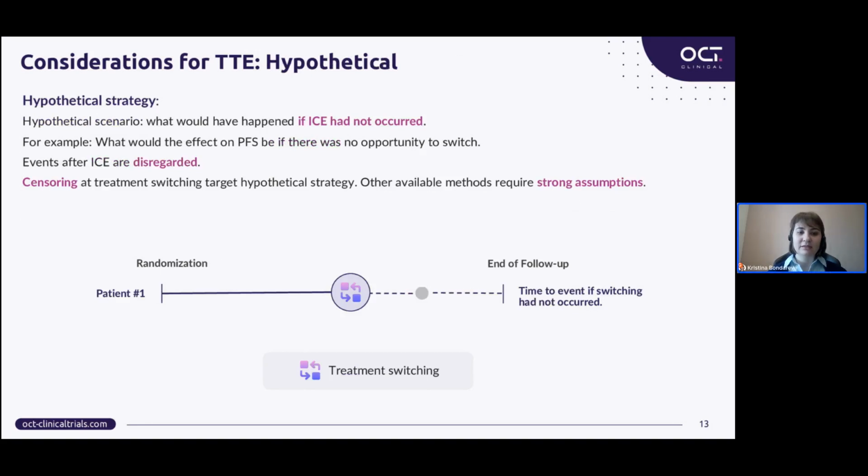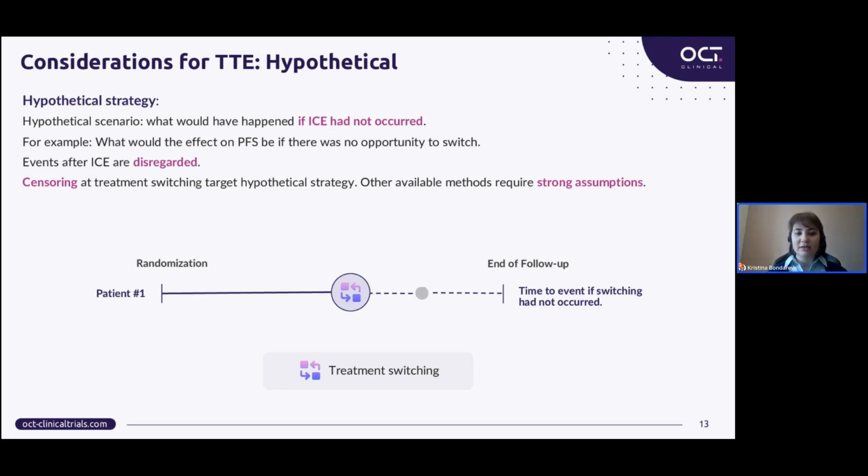Alternatively, a hypothetical scenario in which the intercurrent event would not occur could be of interest. For example, the effect on PFS if patient had no opportunity to switch to subsequent therapy prior to experiencing an event. In this case, the treatment attribute is just the study drug.